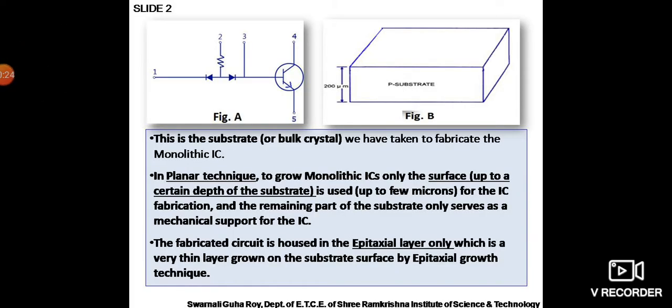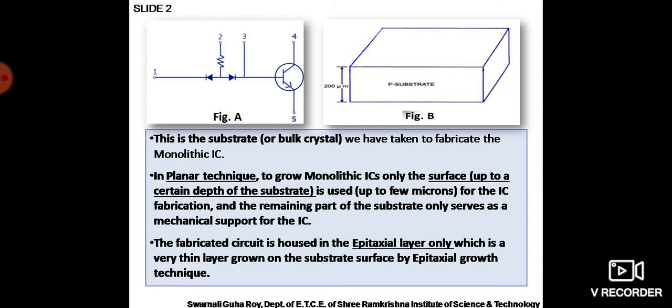Here in this slide you can see the circuit in figure A, which I have considered to be fabricated in monolithic IC form. I have already told you in my previous lecture that obtaining a silicon substrate and cleaning the substrate is the first and important step of the IC fabrication process.